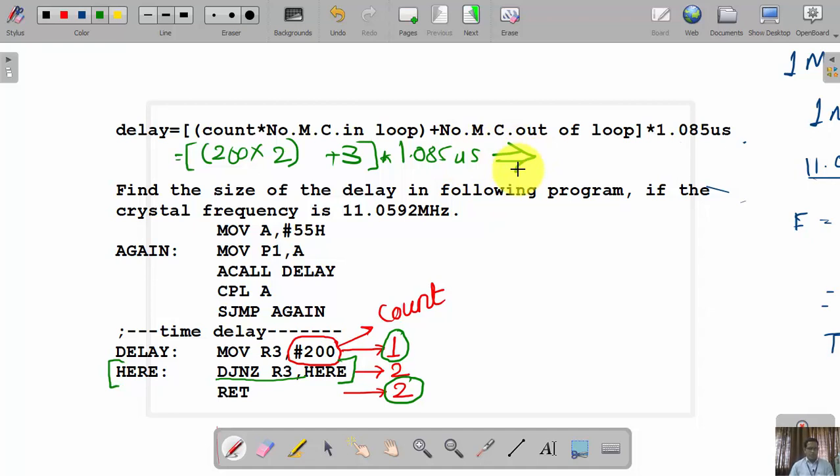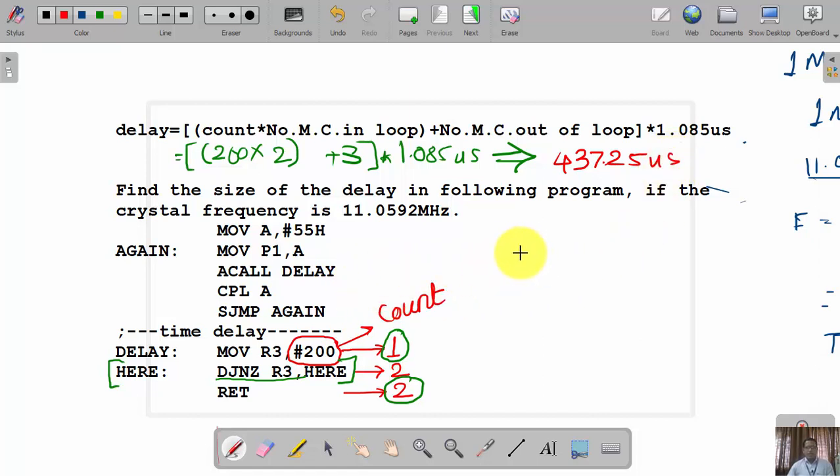And corresponding to it, what value are we getting now? So now I am going to do this calculation. So 200 multiplied by 2 is 400 plus 3. So it's 403 multiplied with 1.085 microsecond. And once we do this calculation, the output that we are getting is 437.25 microsecond.